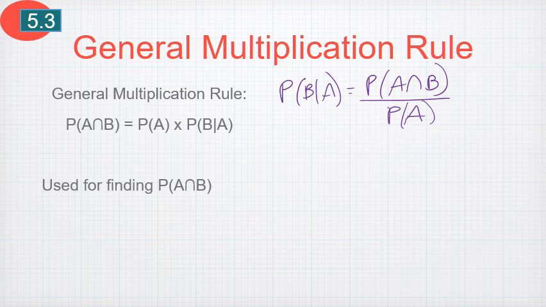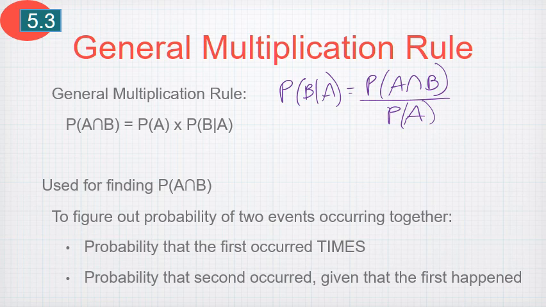Okay, so to figure out the probability of two events occurring together, we really need to know the probability that the first occurs times the probability that the second occurred, given that the first already happened. Now this creates a lot of problems in story problems, because they give you a bunch of numbers and they'll be like, oh, I have 0.24, and that's the probability of B or A or something, and they don't necessarily tell you what it is.